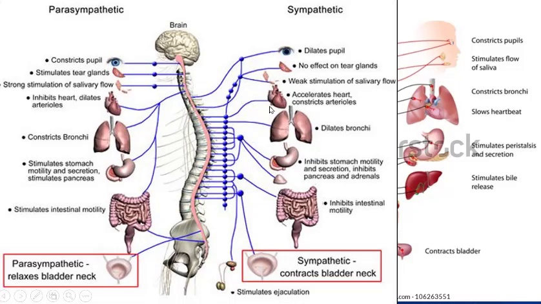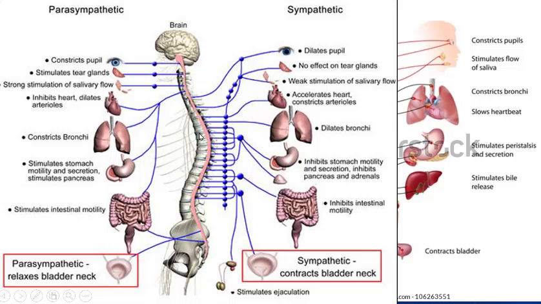to innervate the tissue of the organ. Here you can see this is the sympathetic side of the nervous system, and this is the parasympathetic. Here you can see we have preganglionic neuron and postganglionic neuron, both in the sympathetic and parasympathetic system. But in the sympathetic system, the postganglionic neurons are long, except in the case of the adrenal gland.